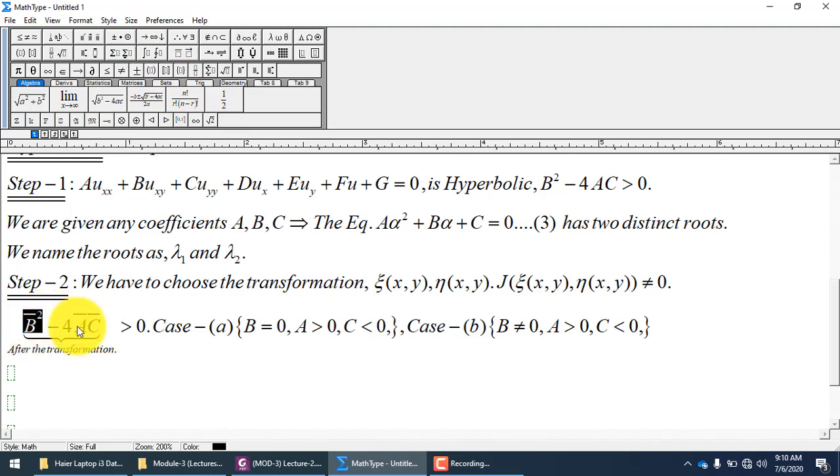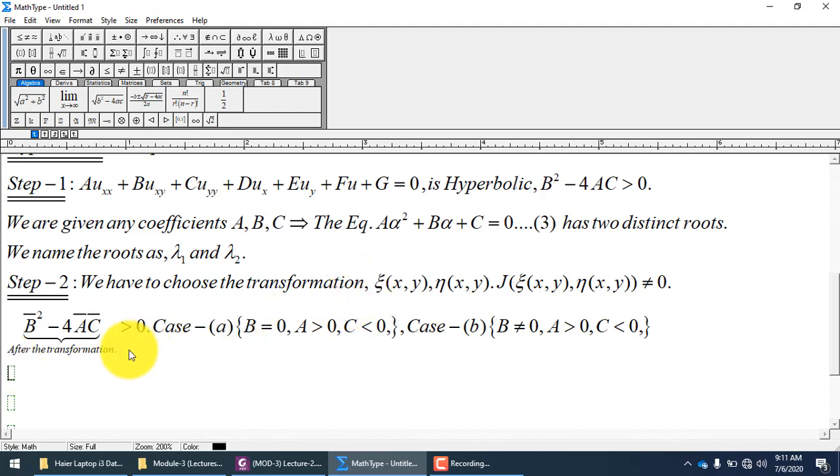Now take A positive and C negative, and again that quantity will be positive. So this is the second choice for B bar, A bar, C bar, which implies that you have a second choice for xi and eta. So you now have two choices. A third choice can be given by any student for any particular values of A, B, C.